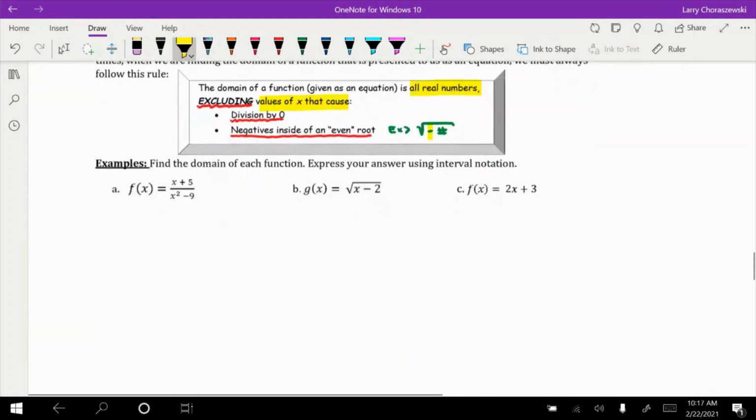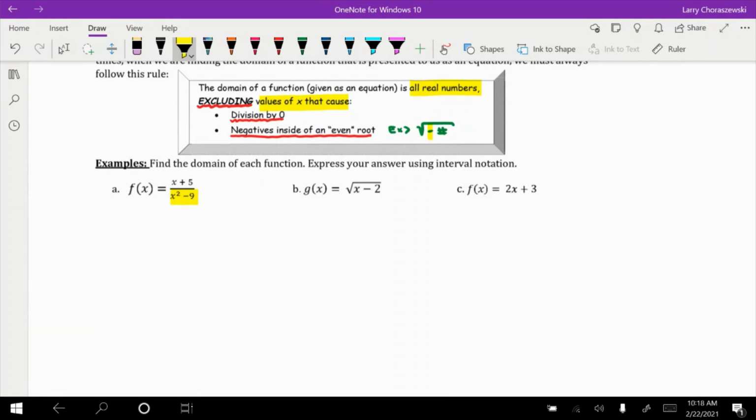So I have a few functions here where we're going to get some practice with this. Our first function is x plus 5 over x squared minus 9. Now we don't have to worry about the second bullet point where there's an even root because the function in part A doesn't have any radicals whatsoever. But what we should probably worry about is division by 0, because in our denominator we have the variable x.